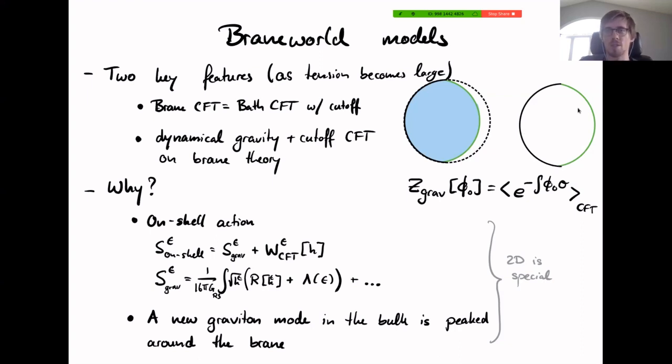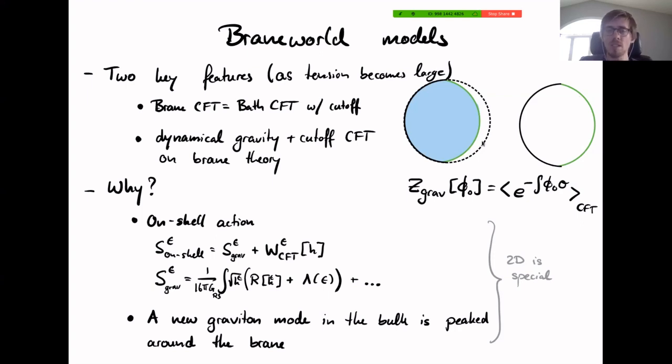And I'm going to explain why that is in a moment. And secondly, apart from the fact that there's a CFT now living on this green part of my boundary, I will also have dynamical gravity living on this brane. So this here will essentially be a copy of my CFT coupled to gravity, very similar to what we saw in the two-dimensional model.